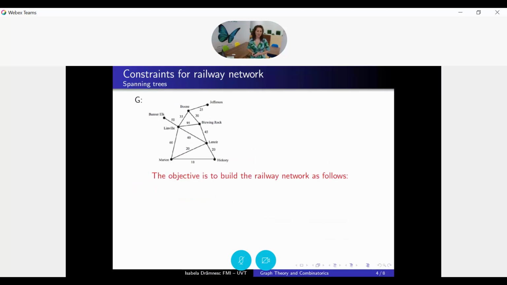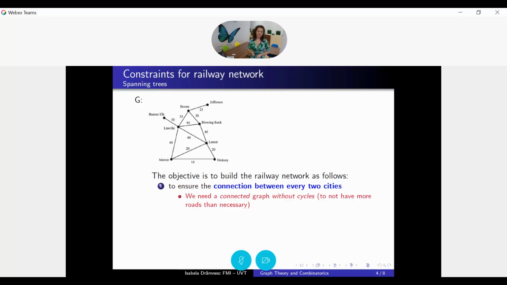Now we have all the necessary information, so we have the graph, and let's remember what the constraints are for building this railway network. First, we have to ensure the connection between every two cities. What does this mean?